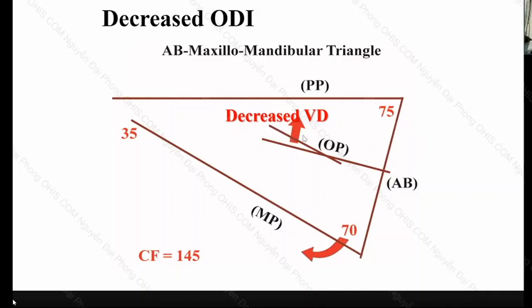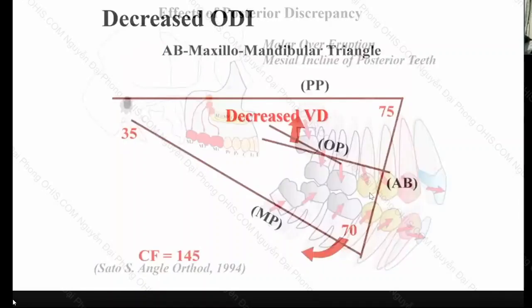Therefore, a very steep posterior part of the occlusal plane. In this kind of case, the mandible is also opening, then the AB to MP angle decreases. So anyway, we have these different types of open bite.